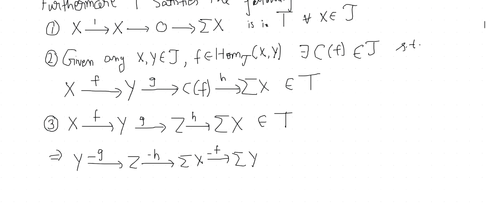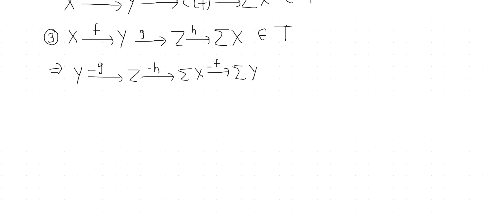There's a fourth axiom, and then there's a fifth axiom. The fourth axiom would be a completion of morphisms. So that would involve two triangles. So that any morphism can be completed.